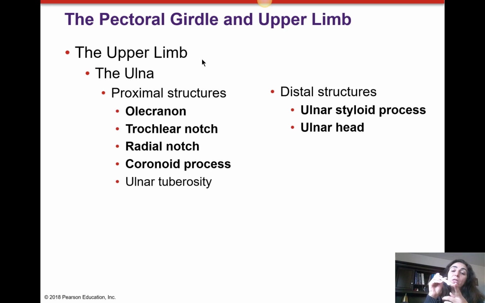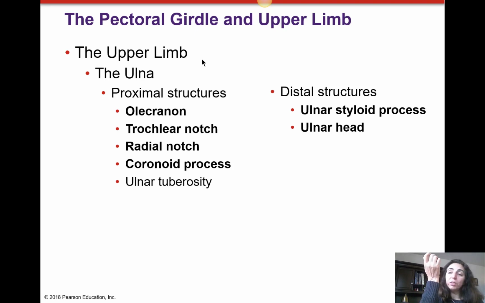The same is true of this styloid process. This styloid process is on the medial side of the bone. And if you look at this radial tuberosity, you can also emphasize that the radial tuberosity was on the lateral side of the bone, and this styloid process is on the medial side.